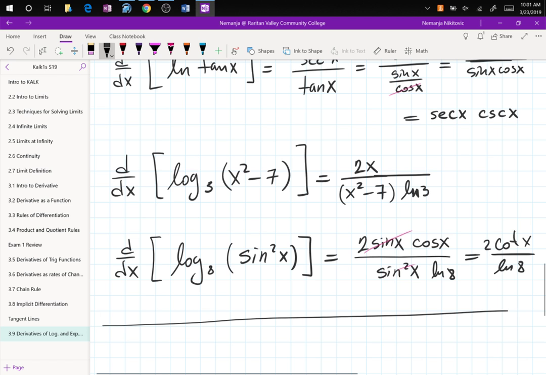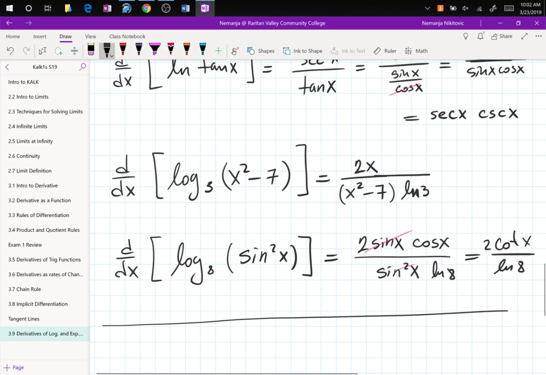And now it's time for us to see the most powerful differentiation technique ever. So what is that differentiation technique all about? Remember when we did the chain rule and product rule and quotient rule, and we started mixing those, and the problems were really long and annoying and difficult to work with?